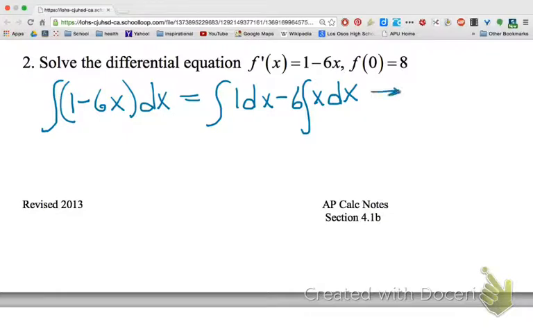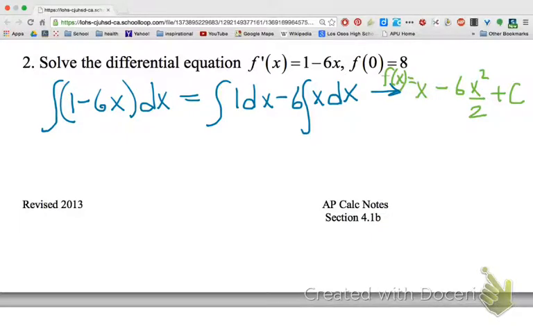And of course, I'm powering back up, so that first one is going to turn into x. Remember, it'll be to the first and divided by 1, but I don't need to write that. And then minus 6 powering up and dividing by the power. I'll reduce that in a second, and don't forget my vitamin C.